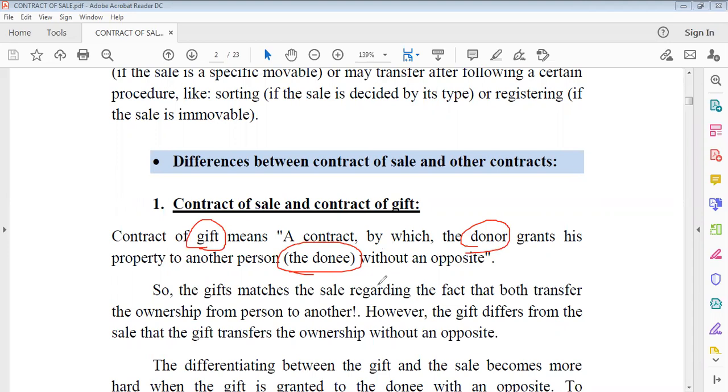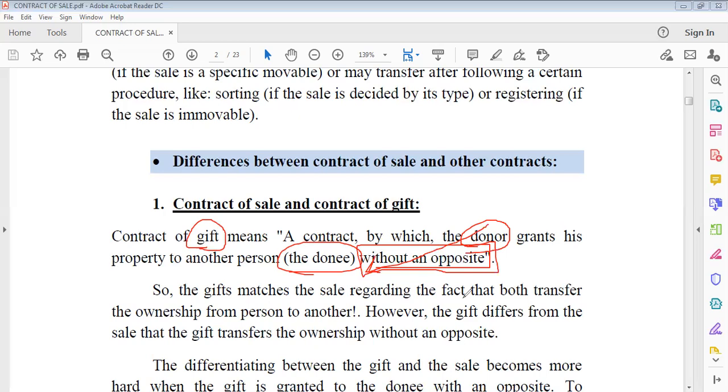Now, what is the gist of this contract? The gist of the contract of gift is that the person who is the donor gives something that he owns to the donee. However, he gives the donee this property without an opposite. And this is actually the main difference between the contract of sale and the contract of gift, that in the contract of sale, we shall give the seller an opposite of the thing that he gives to the buyer, and vice versa.